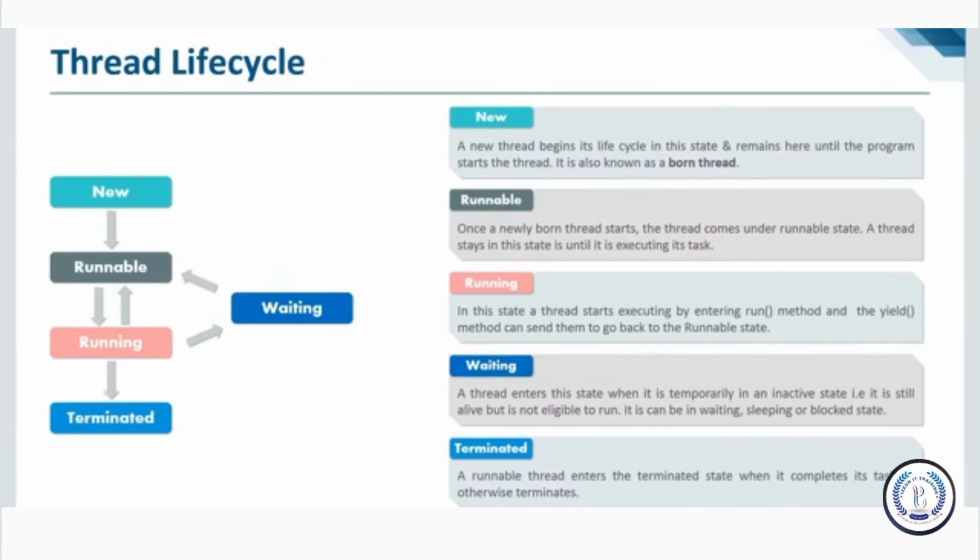From the runnable, it enters into the running state and it keeps on running till the song is finished, which is like the terminated state. In between, you just go for the pause, which is where your thread is doing a wait operation. When your song is automatically finished or you stop the song, that is the terminated state. This is just an analogy of how the thread is going to work for us.